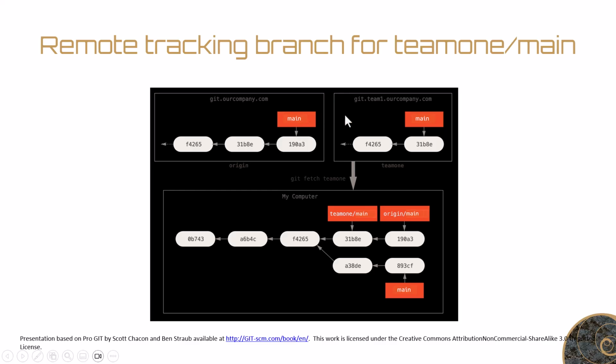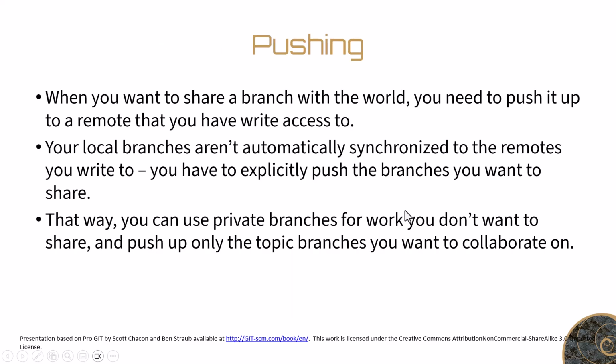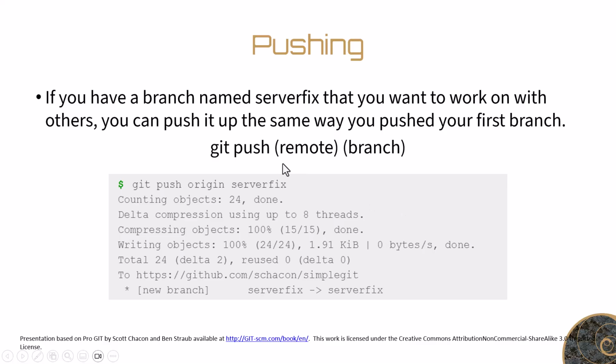So if someone else changed something on the server, we would get that, and that's where you can actually get these merge conflicts. But then we want to share what we've done. We can use a push. And so you could say git push origin, and we can push specific branches.